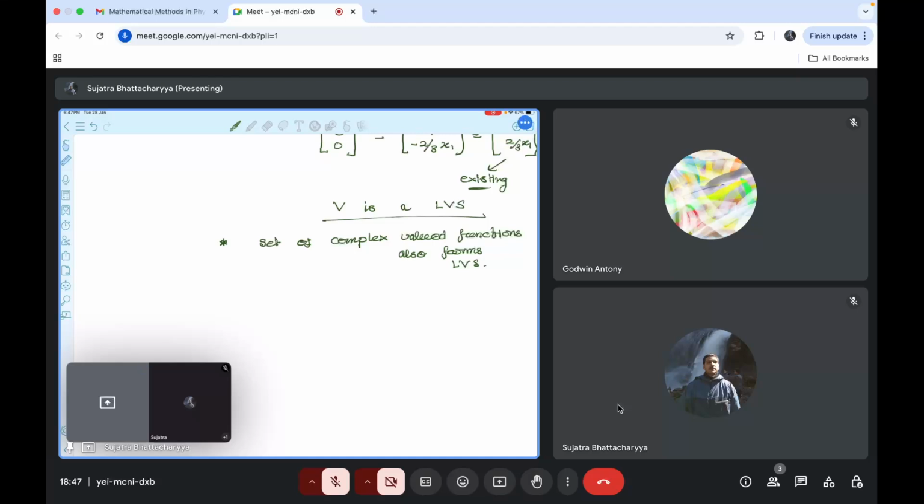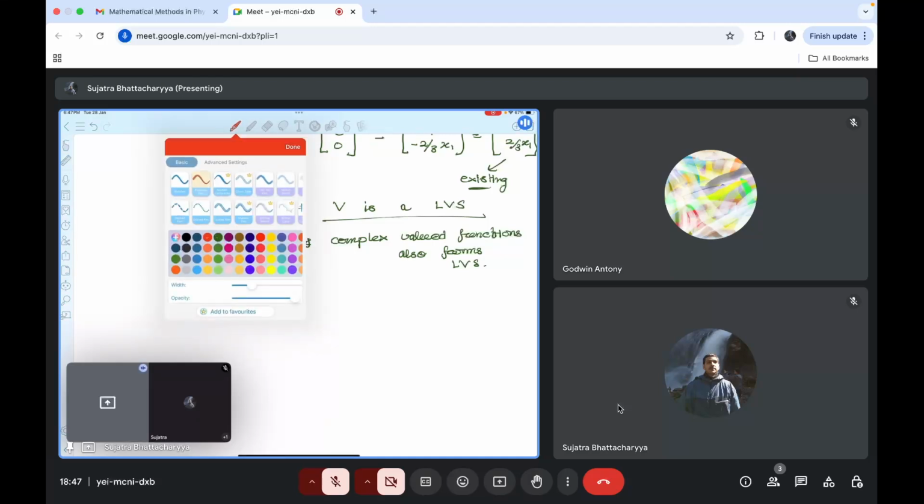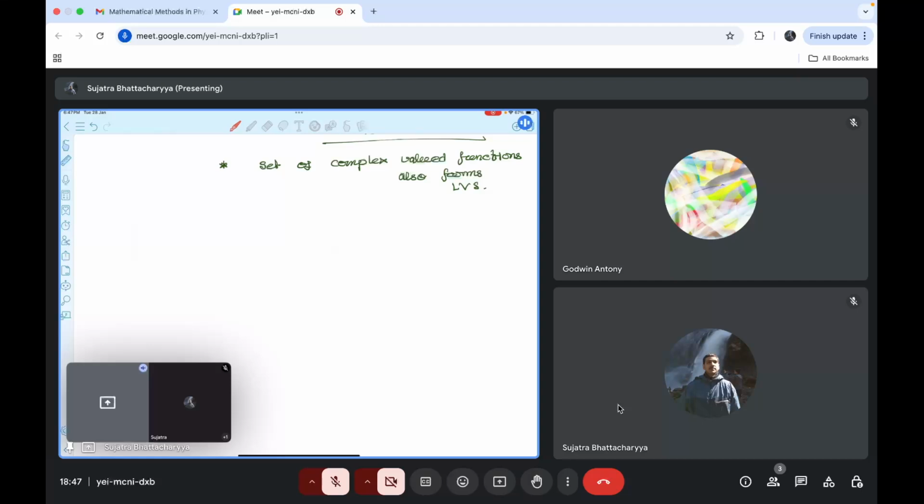Now let us quickly go to some important things. First is that there is a uniqueness of the null vector and inverse. The uniqueness of the null vector is proved very easily.